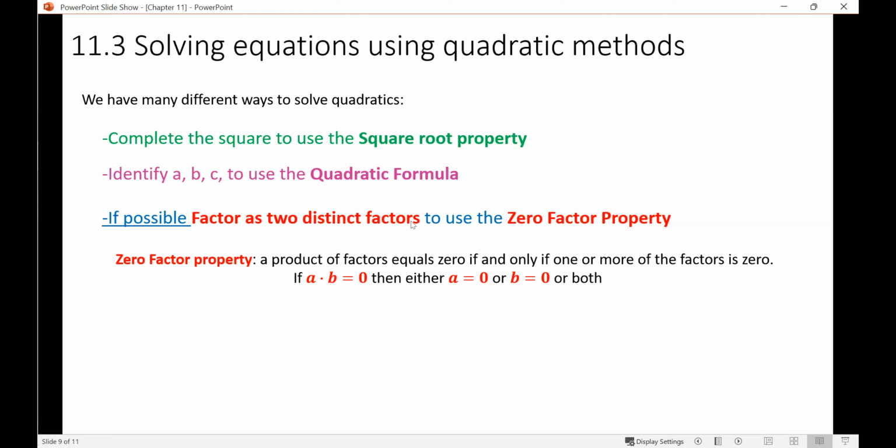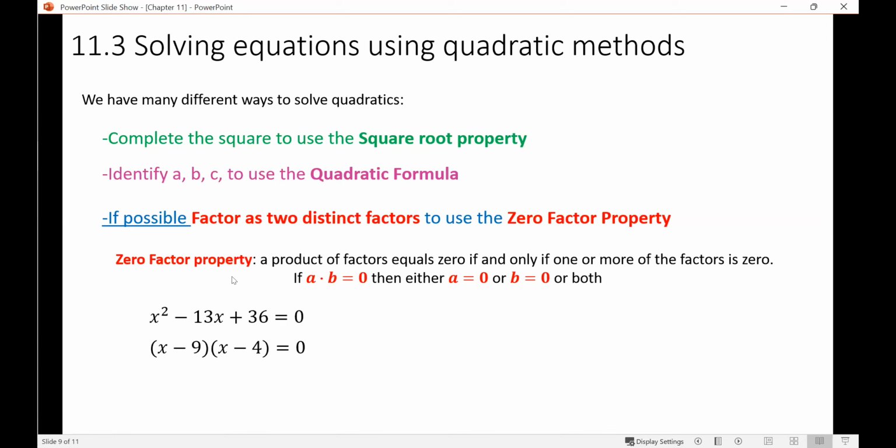So factoring is usually the first place you want to go to try to solve a quadratic equation. The problem is it's not always possible to factor a quadratic. Okay, so today we're going to go over just when to use these different methods.